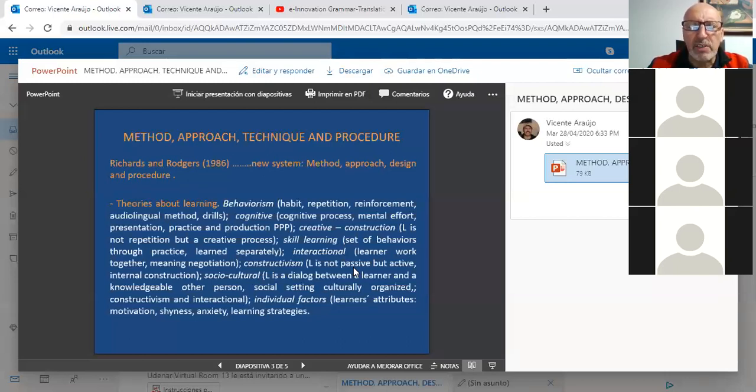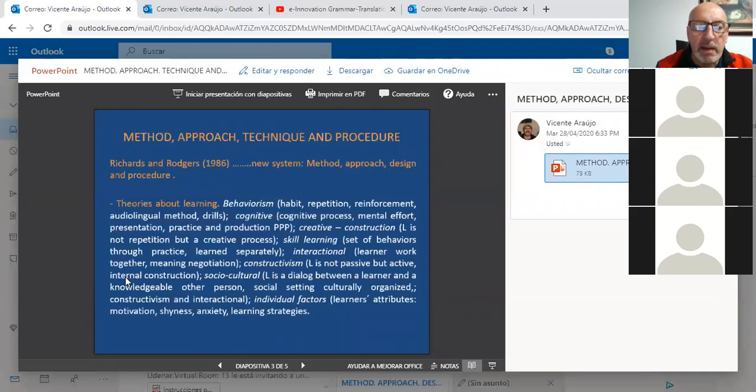You are not a recipient that receives information in a passive way, according to constructivism. When you receive information, you are active because you construct something. This theory holds that the learner constructs something internally in his mind.